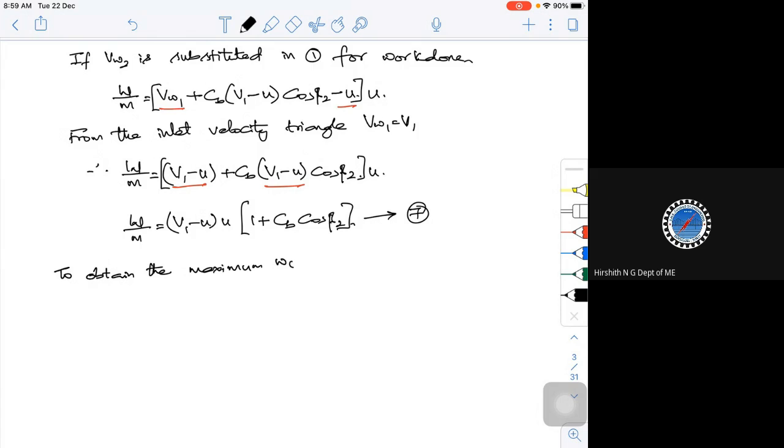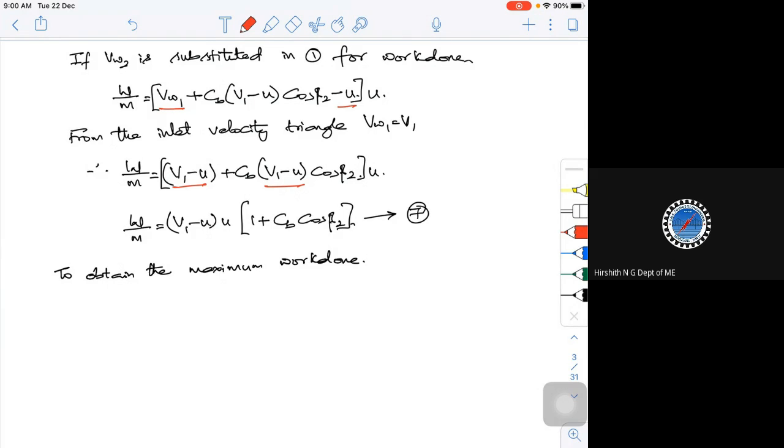The condition for maximum work done. So what are the parameters we have here? We have U, V1, CB and beta 2.